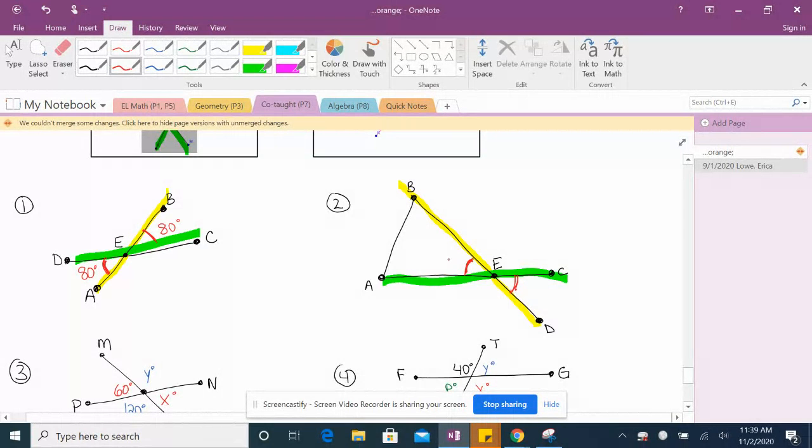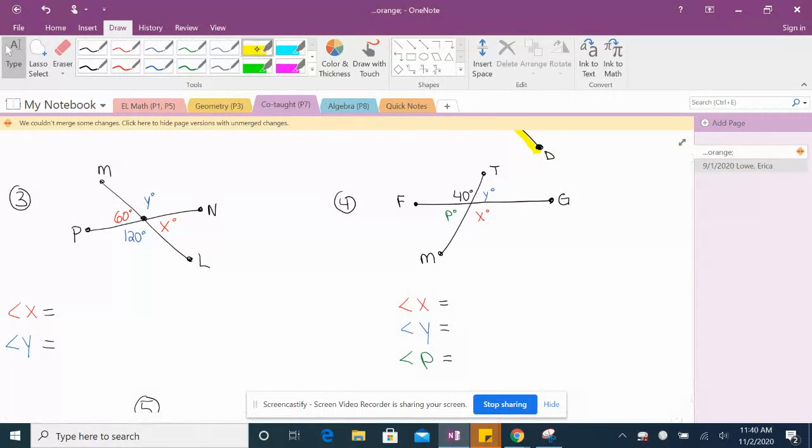If this angle is 30 degrees, then this angle is 30 degrees because vertical angles are congruent. Si este ángulo tiene 30 grados, el otro ángulo tiene 30 grados también, porque ángulos verticales son congruentes, porque son opuestos y forman una X.